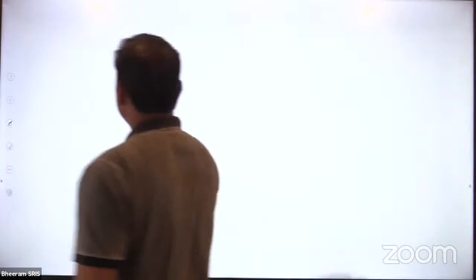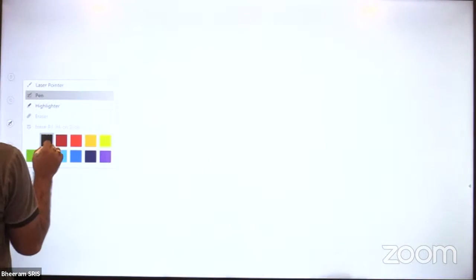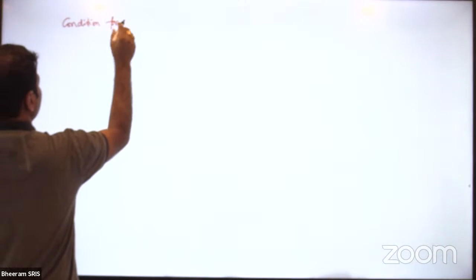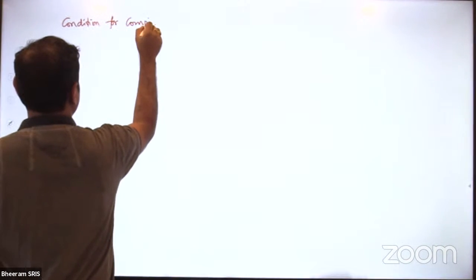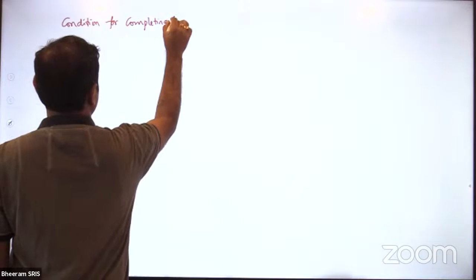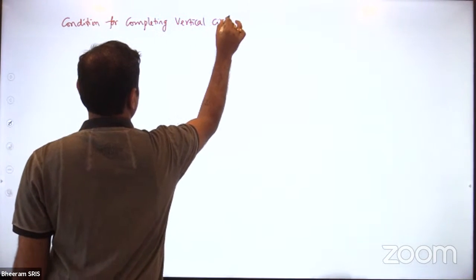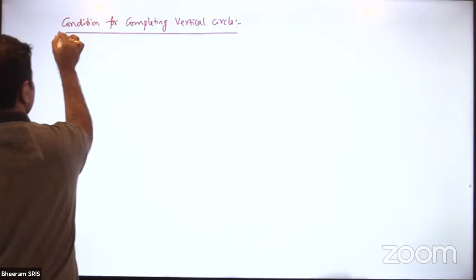So let us see what is the condition for completing the vertical circle. What is the meaning of condition for completing the vertical circle? Let us see.